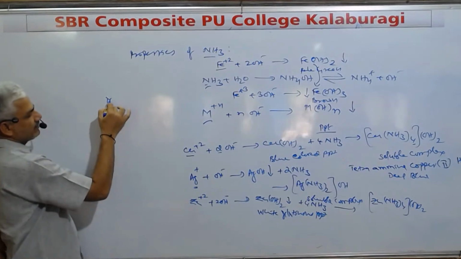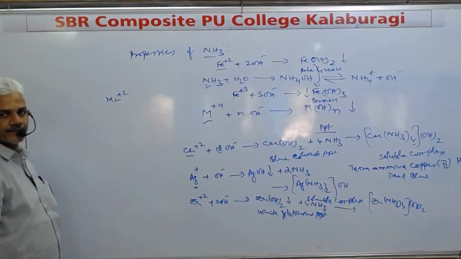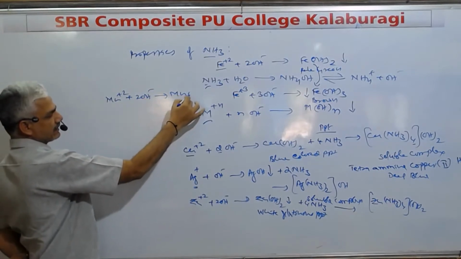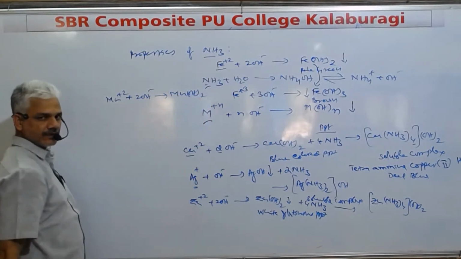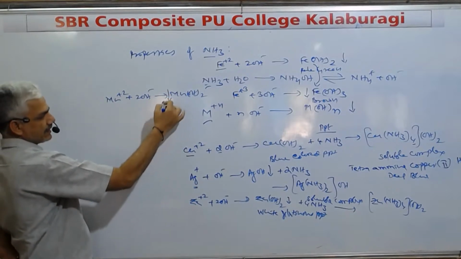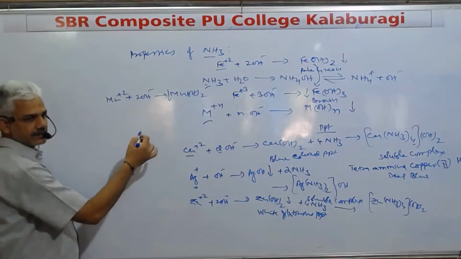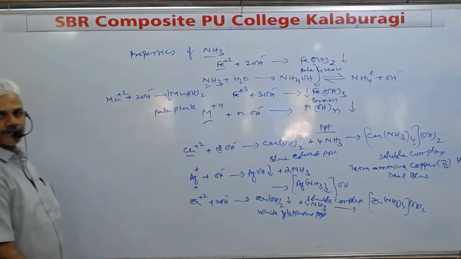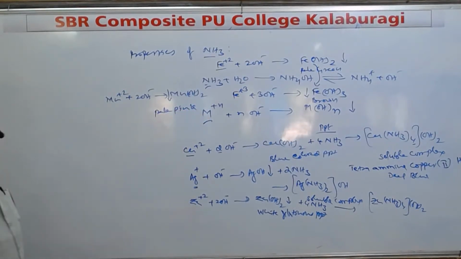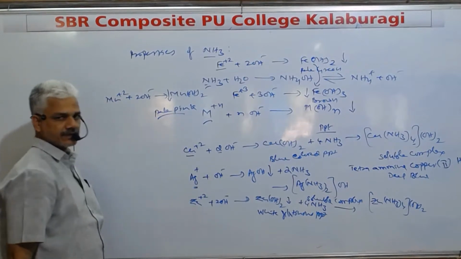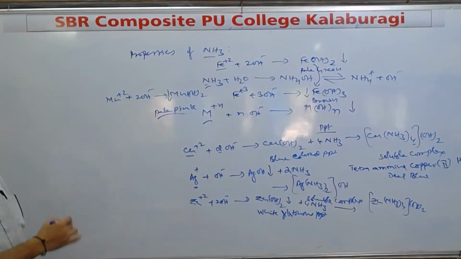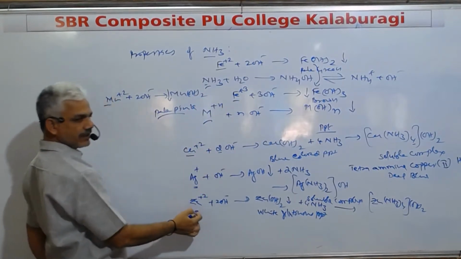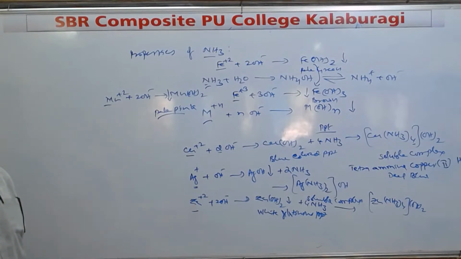Similarly, suppose Mn plus 2 ion is present. It will take 2 moles of OH minus ions and gets converted into Mn(OH) twice. What is the color associated with manganese hydroxide? Pale green. So like this, from the color of the precipitate formed, conversely, we can identify what that transition metal or metal ion is.